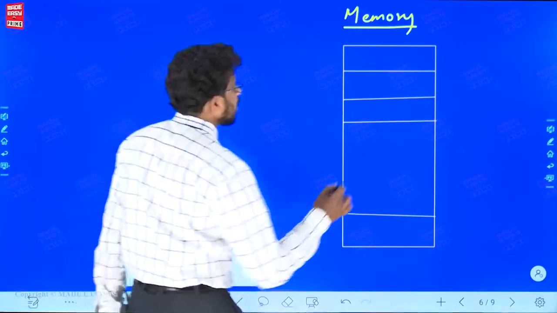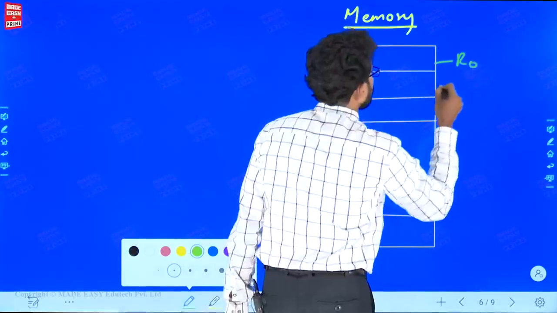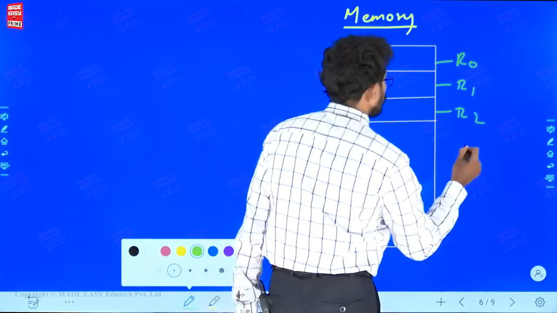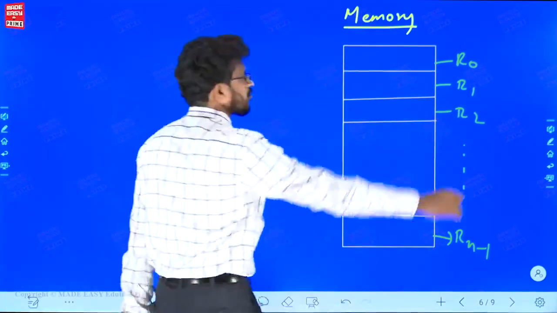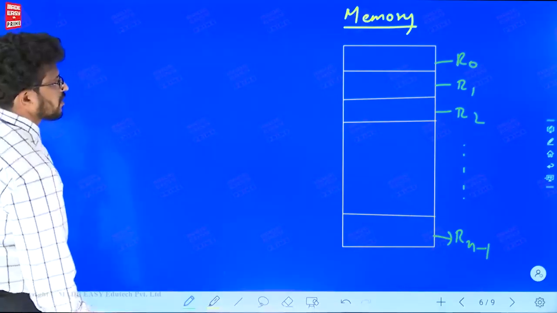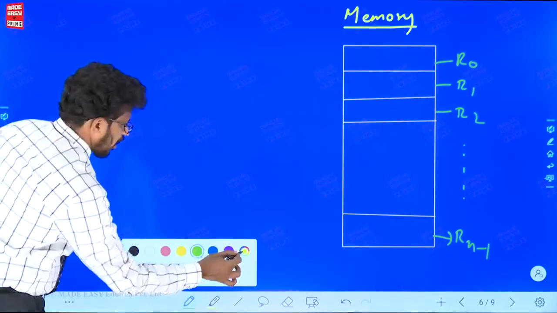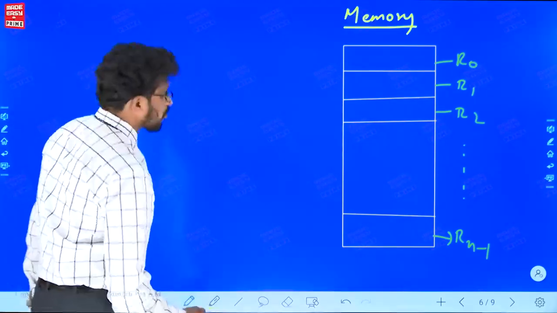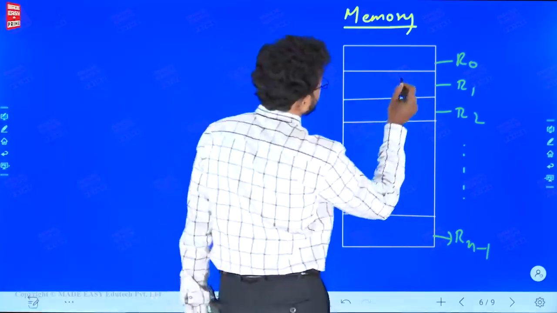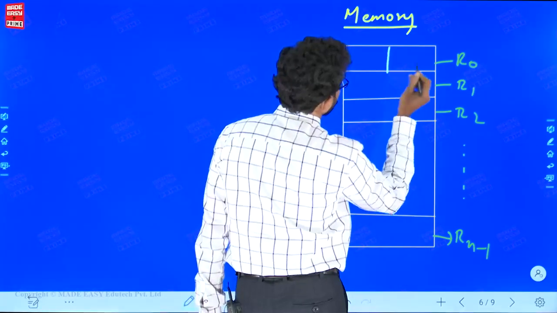I am naming these registers R0, R1, R2, and so on, up to Rn minus 1, because I am starting from 0. So these are a group of registers. How to understand a register? Memory is a group of registers, and a register is a group of flip-flops.